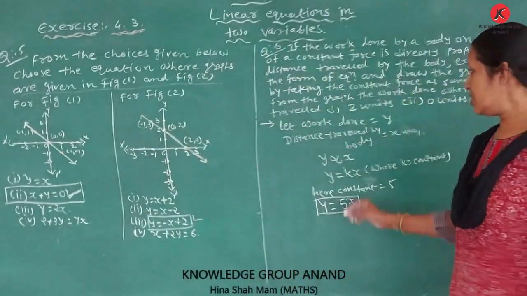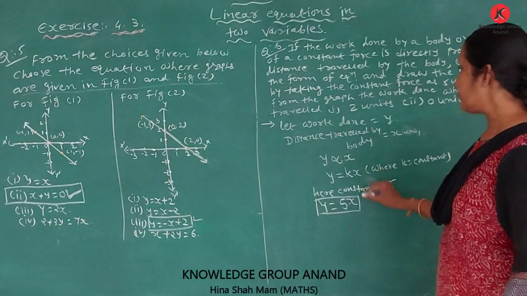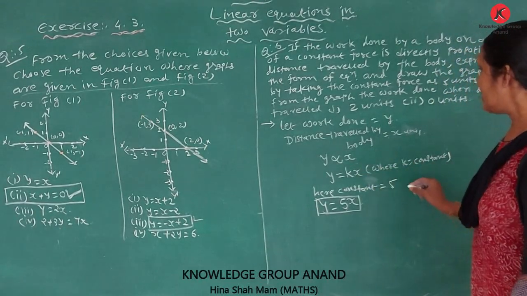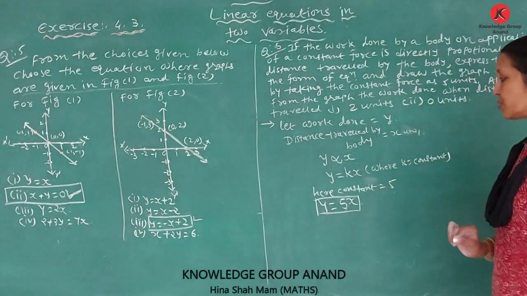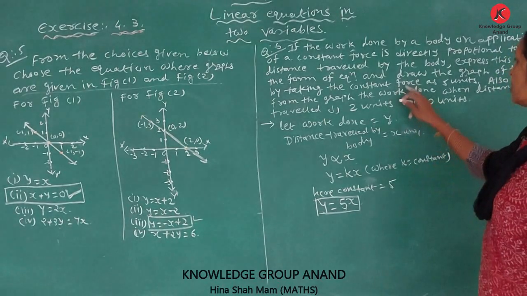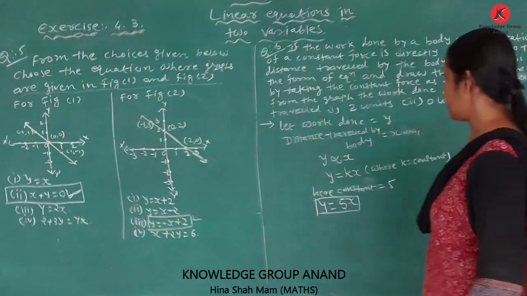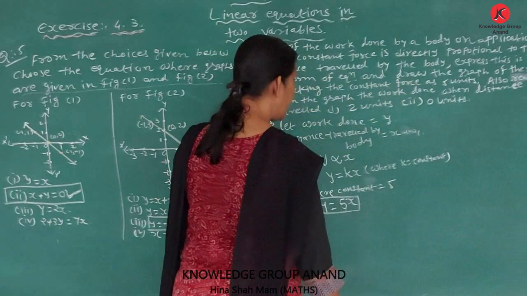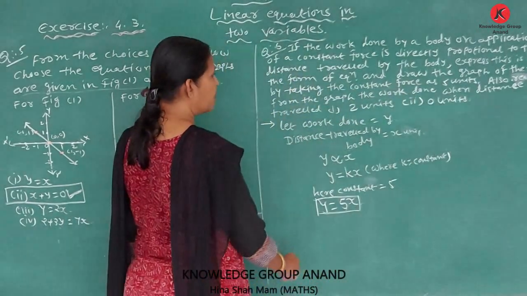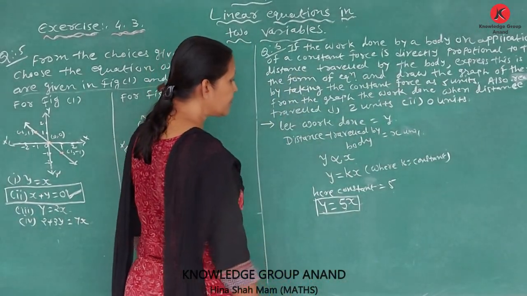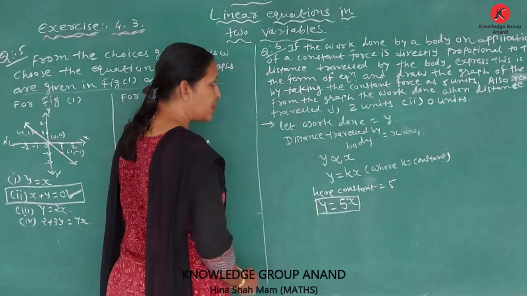Here distance is x and the constant force is 5. Work is equal to force into displacement. Now y is equal to 5x.